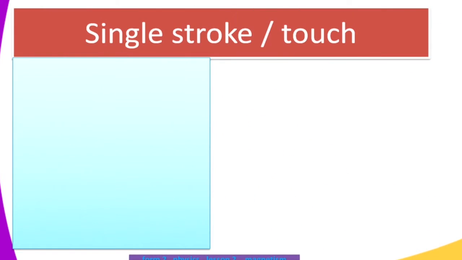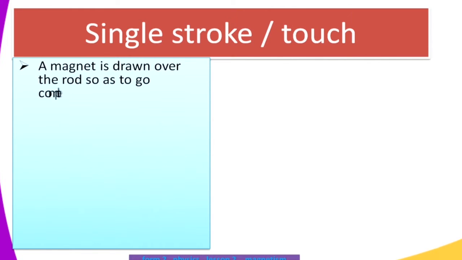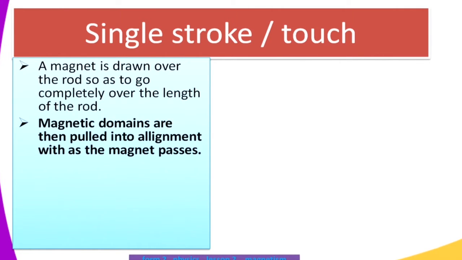Now, what is single stroke or touching? A magnet is drawn over the rod so as to go completely over the length of the rod, as we saw in the lab. Magnetic domains are then pulled into alignment as the magnet passes.